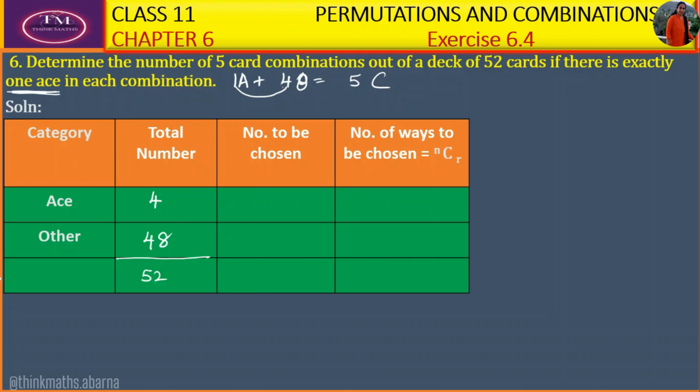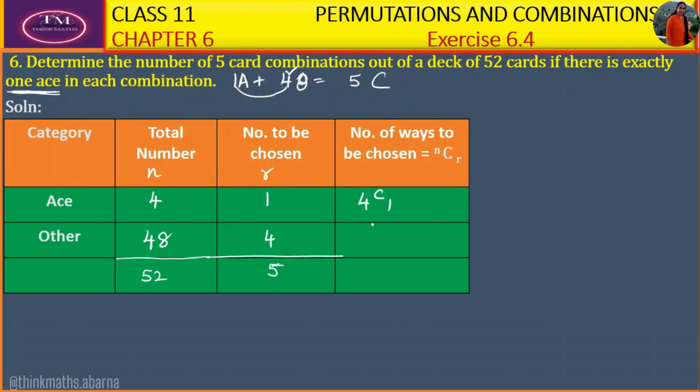In that, one should be ace and the others should be 4 cards. So from ace cards, we have to choose one card. From the remaining 48 cards, how many do we have to choose? We have to choose 4. So in total, we will be choosing 5 cards. So this is N and R. Number of ways to be chosen is NCR. For choosing ace cards from 4 cards, we will be choosing 1.